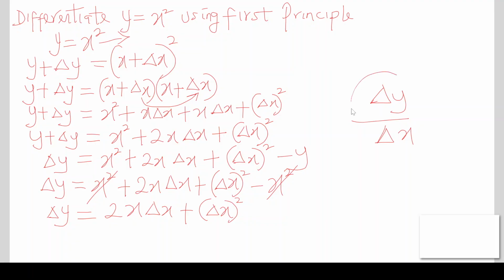Don't forget, we are going to delta y over delta x. How do I get delta y over delta x? I only have delta y on the left hand side. It means I need to divide all through by delta x.